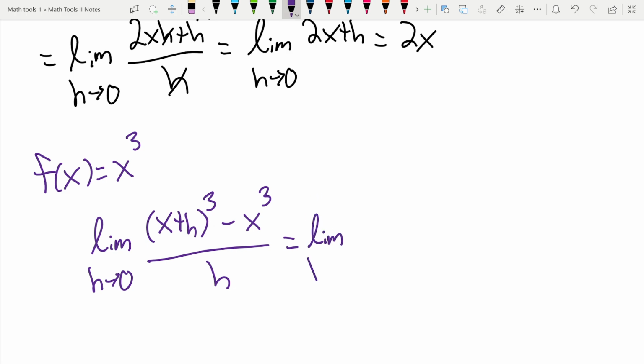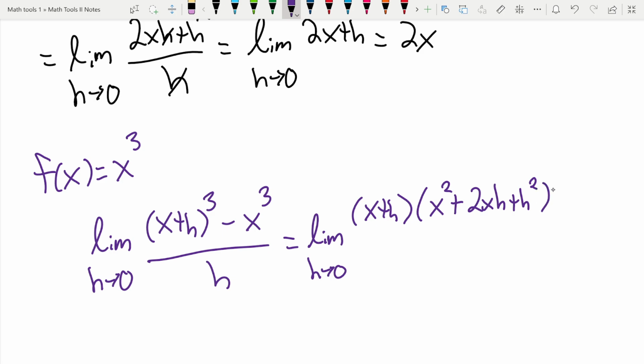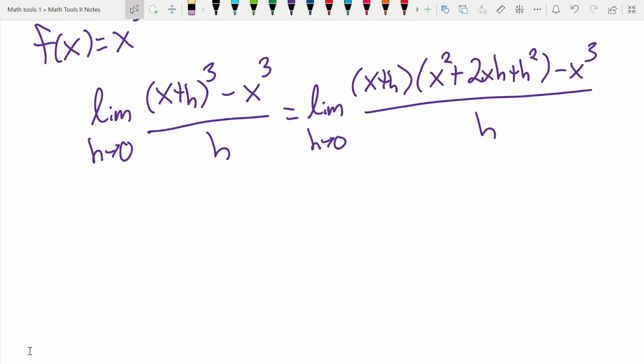We'll do the limit as h approaches 0 of, there's a formula to just expand the whole thing, but let's just do it piece by piece here. So this is x plus h times x plus h squared, which we just found in the last one, minus x cubed over h. So now we go ahead and multiply that whole thing out.